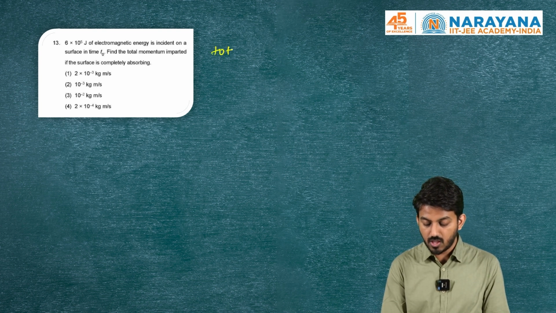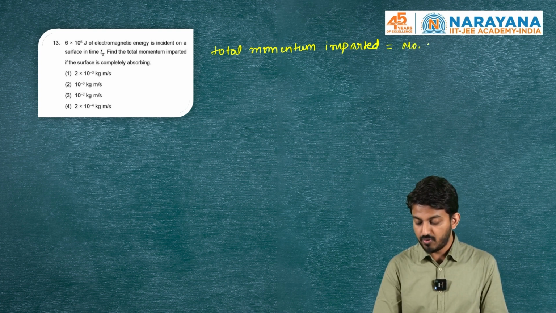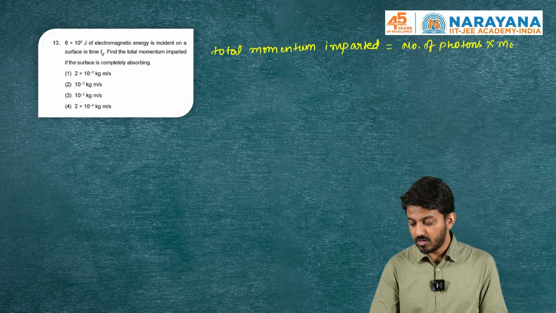Now, total momentum imparted is equal to the number of photons multiplied by the momentum imparted by each photon.